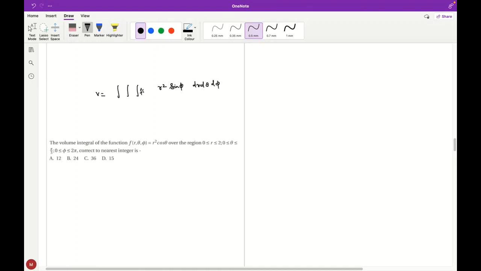Here is any function f of r, theta, phi. This is the limit of r, this is theta, and this is phi. So put all these values according to the question.